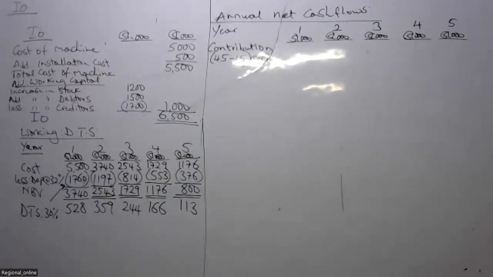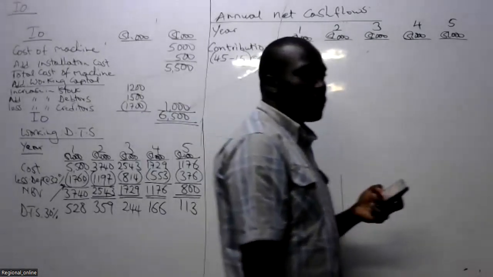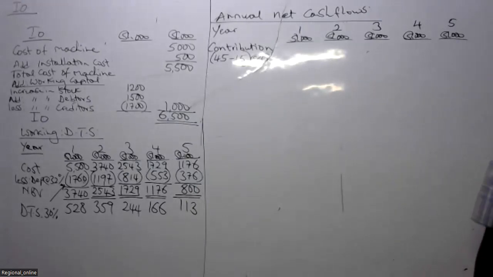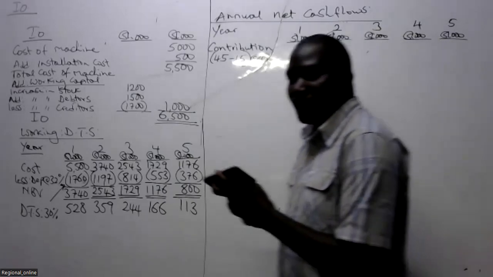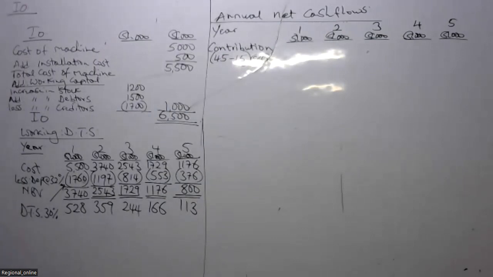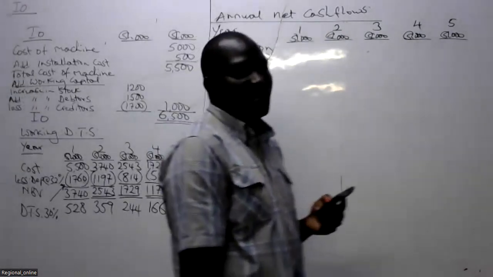Price per unit is 45 shillings, and the variable cost per unit is 15. So the contribution margin, price minus variable cost, is 45 minus 15, that is 30, right?